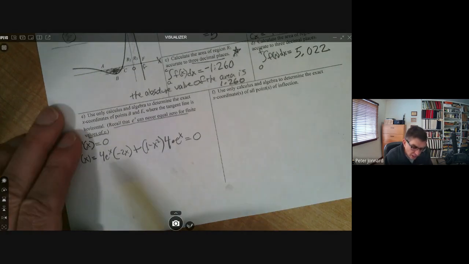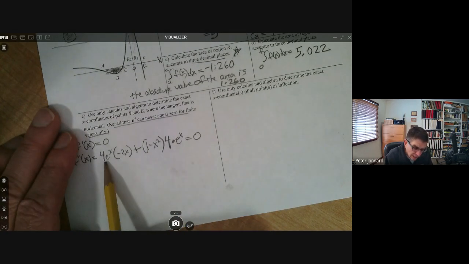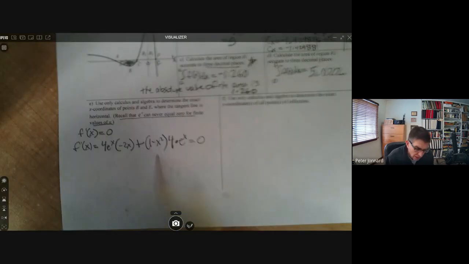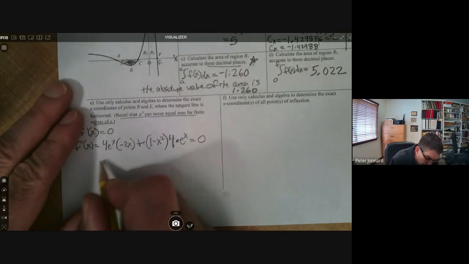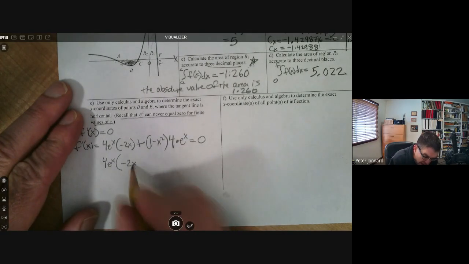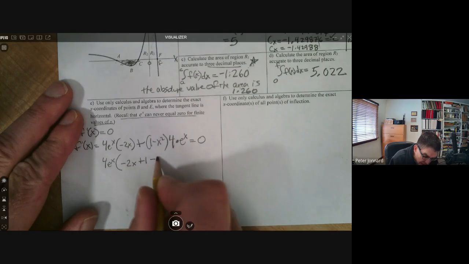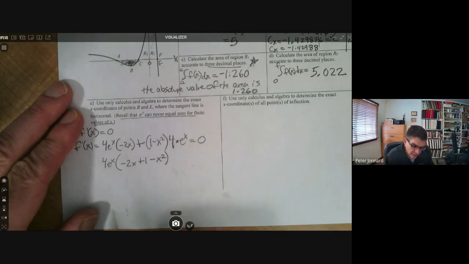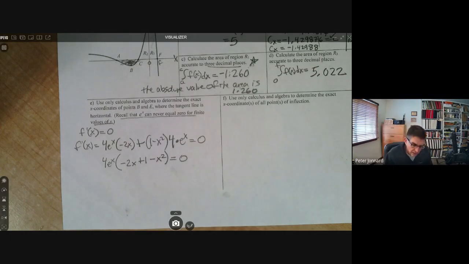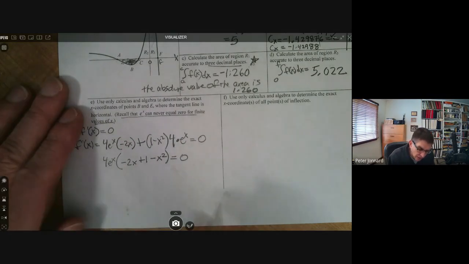Alrighty, so looking at this expression, it looks to me like the common factor here is 4e to the x. I think I can take that out. So I take out the 4e to the x, and that leaves behind a negative 2x plus 1 minus x squared, right? And that equals 0. So the only way that that's going to happen is if this is 0.